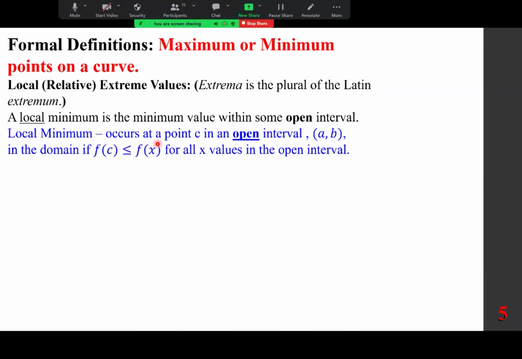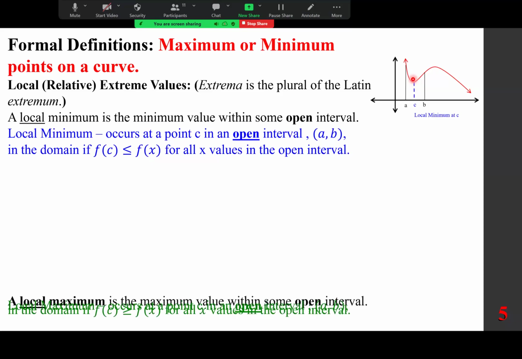A local minimum occurs at a point c in an open interval a to b in the domain if f of c is less than or equal to f of x for all x values in the open interval. So local minimum: in some open interval, this has the smallest y coordinate.